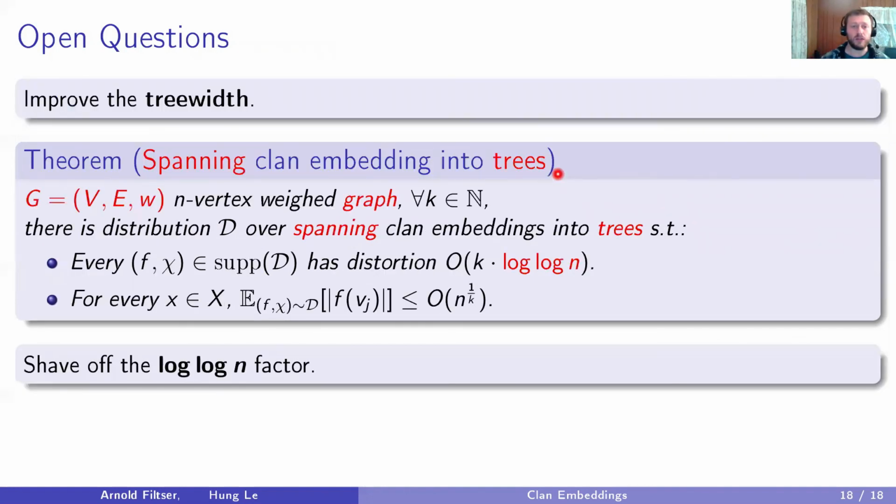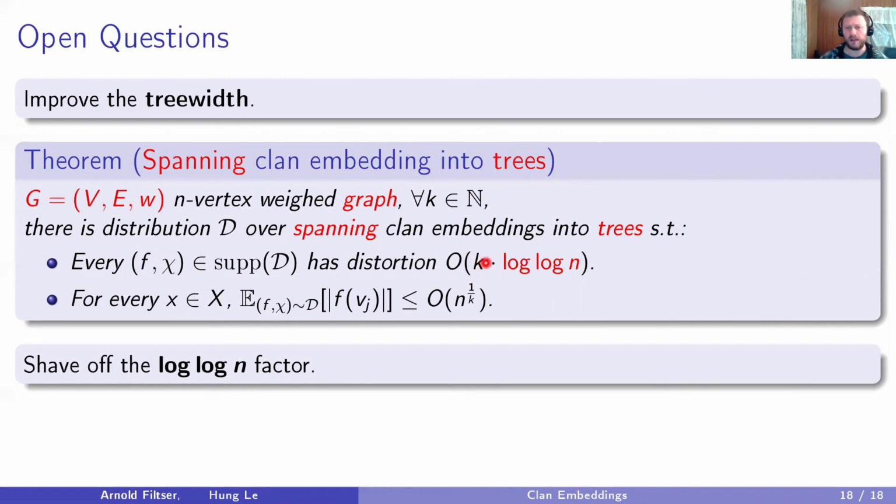The second open question is regarding these spanning clan embeddings into trees. We have this annoying log n factor here in the distortion. It would be very nice to remove it and get k; you cannot go beyond k. This would be optimal. Our usual clan embeddings are optimal.